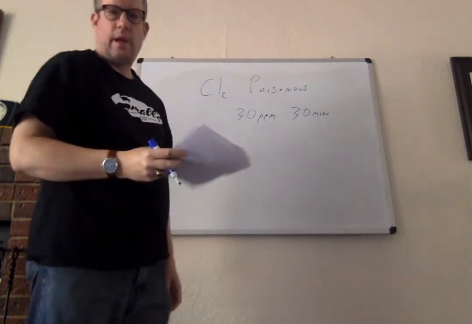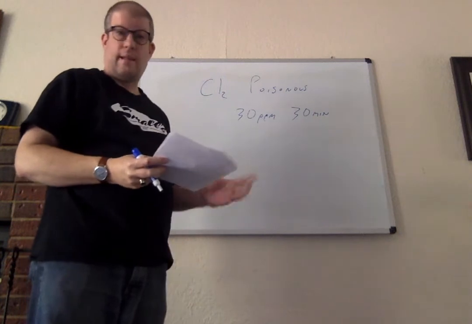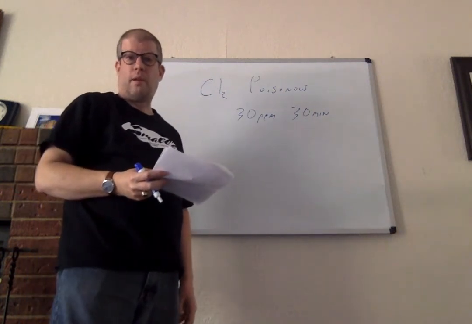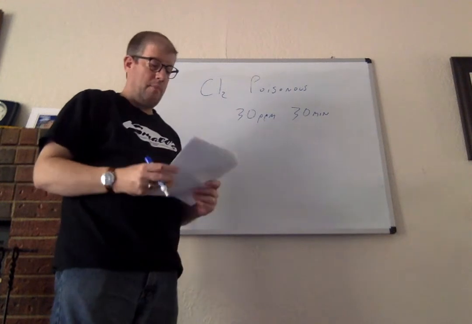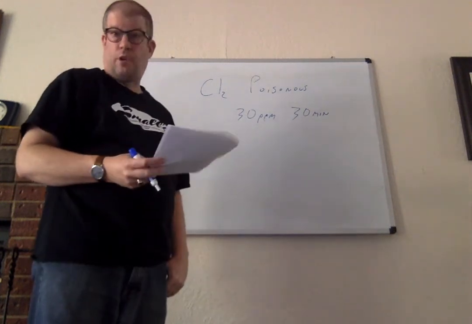It's generally known that exposure to only 30 parts per million of this gas, which is not a lot, for 30 minutes can result in fatality. So again, being around this is not such a good thing.